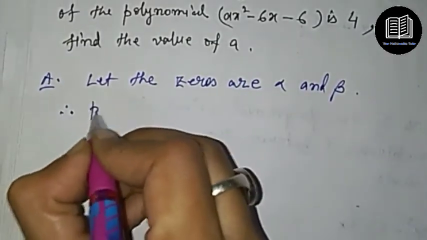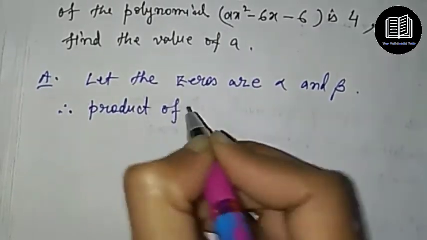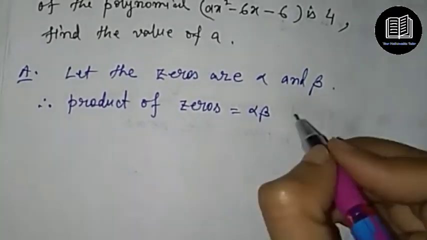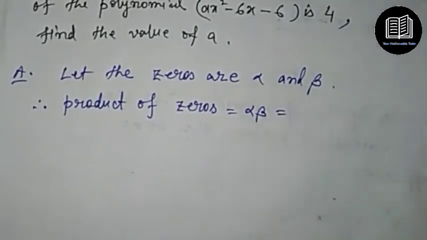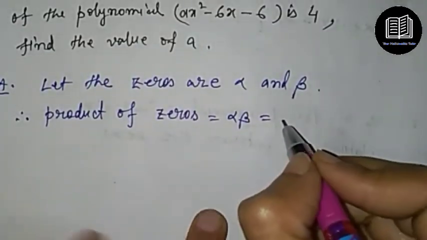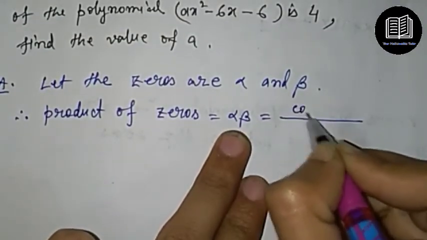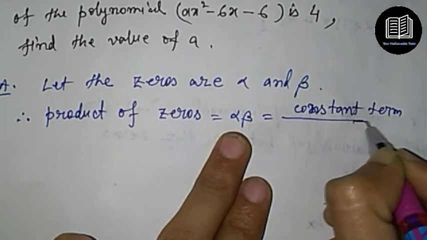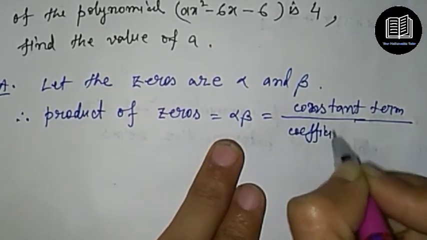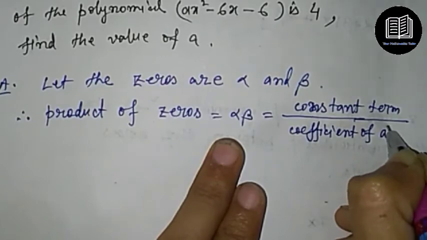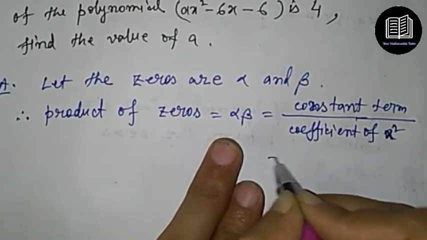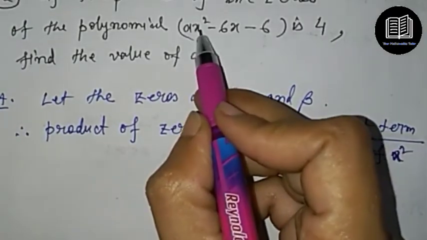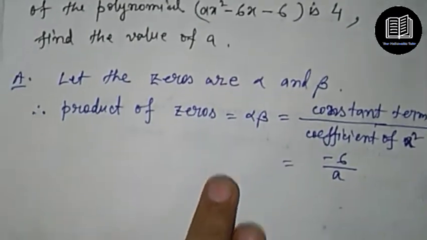Therefore, product of zeros equals alpha beta equals, we know by our result that product of zeros means constant term by coefficient of x square. Here in the polynomial the constant term is minus 6 and the coefficient of x square is a.